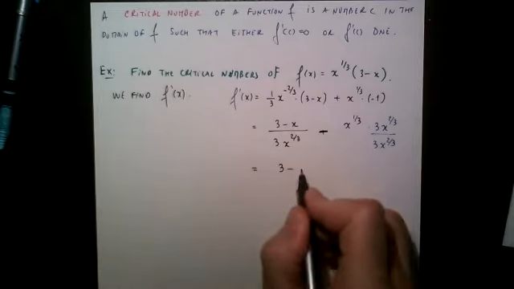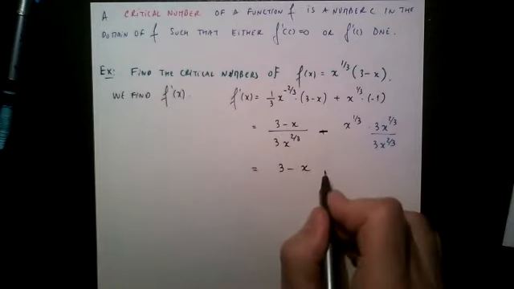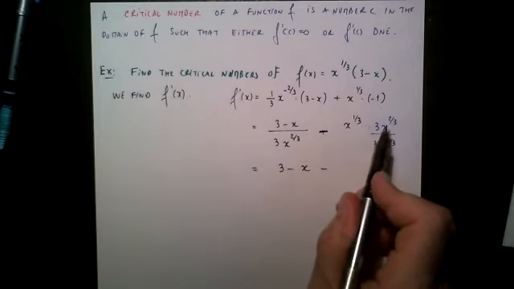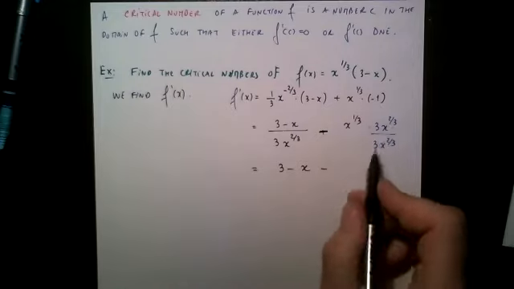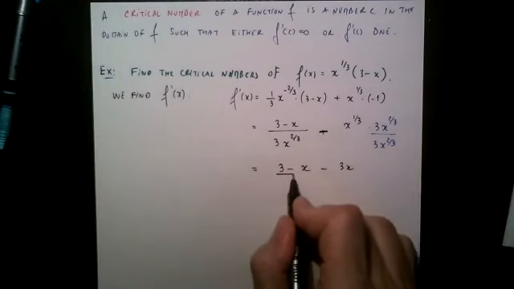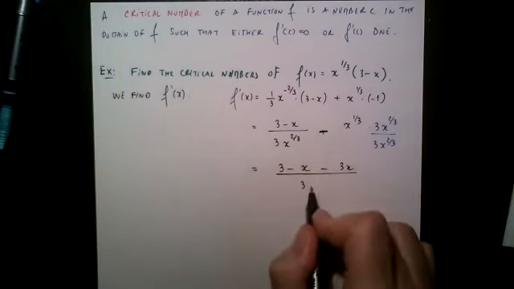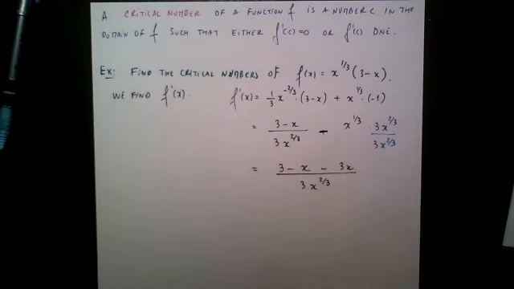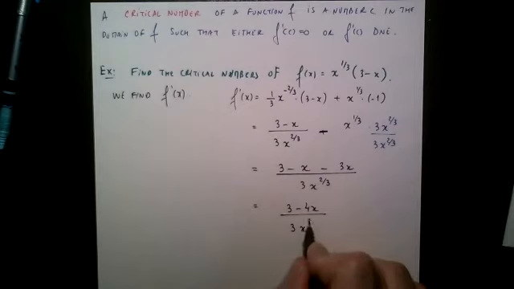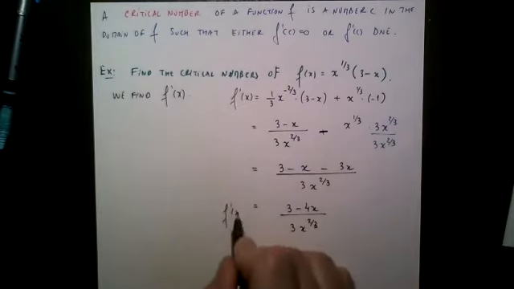Okay, so I have 3 minus x minus, well, x to the 1/3 times x to the 2/3 is x to the 1. So it's minus 3x over, and on the bottom I have 3x to the 2/3. And so I have 3 minus 4x over 3x to the 2/3. This is what f prime of x is.